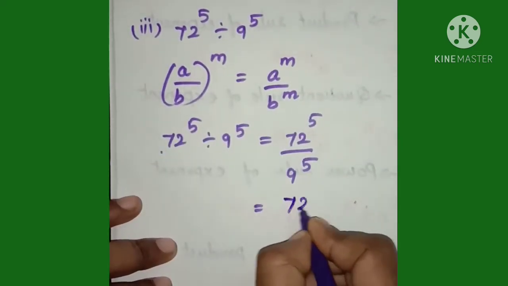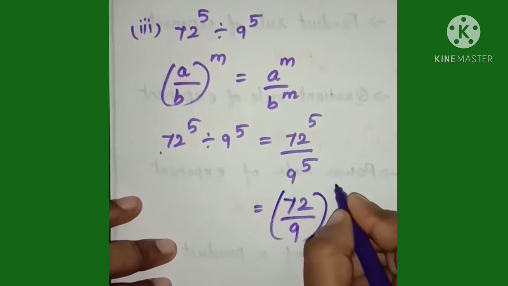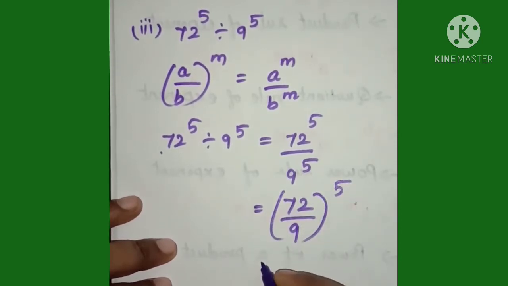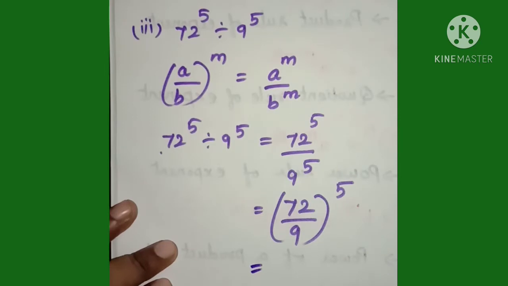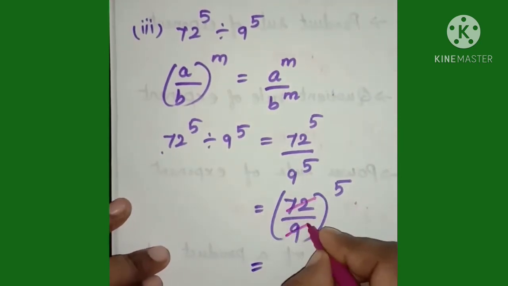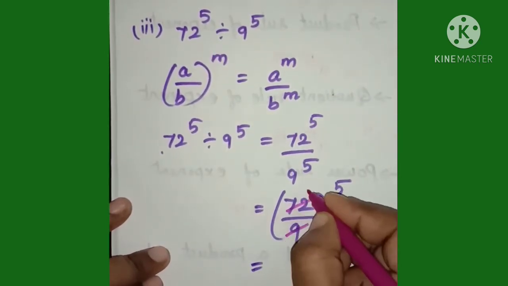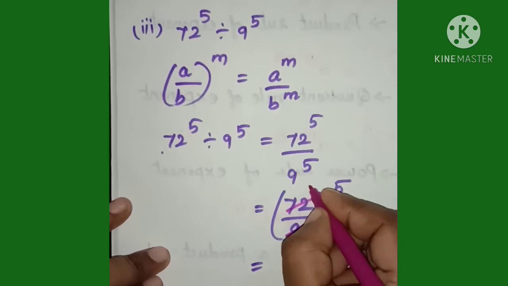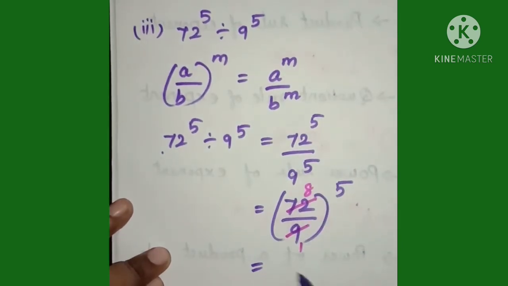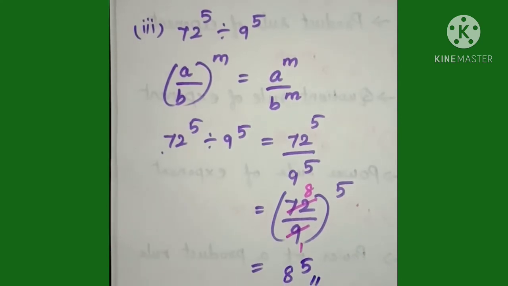That is 72 by 9 to the power 5. Here we can cancel 72 and 9: in the denominator it is 1 time, and in the numerator it is 8 times. So 8 to the power 5 is the required simplified expression.